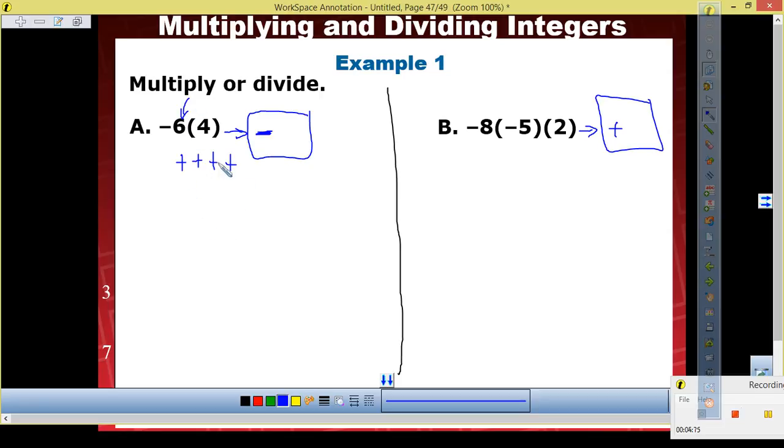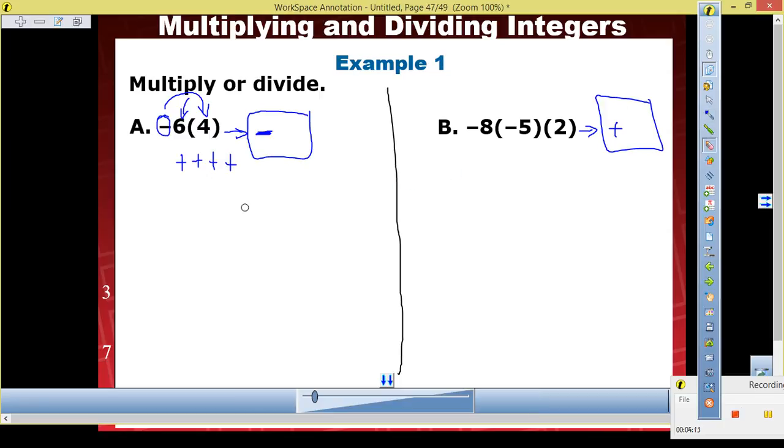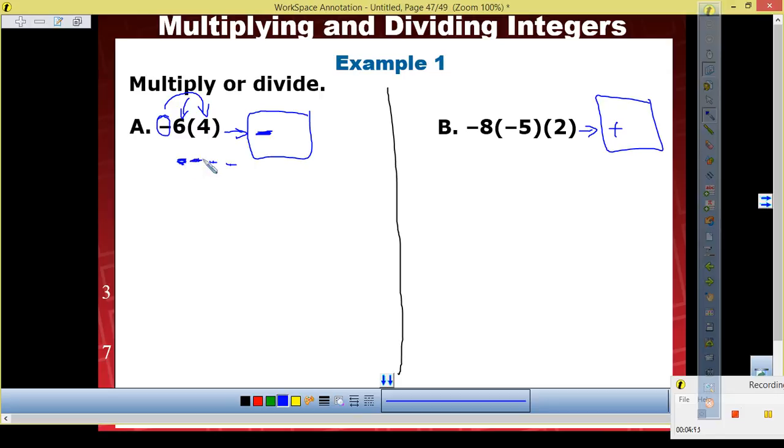However, this tells me that I need to switch the sign for this one, or switch to the opposite. So what is the opposite of 4? Negative 4. So instead of starting with positive 4, I'm going to start with negative 4. So therefore it's 1, 2, 3, 4.